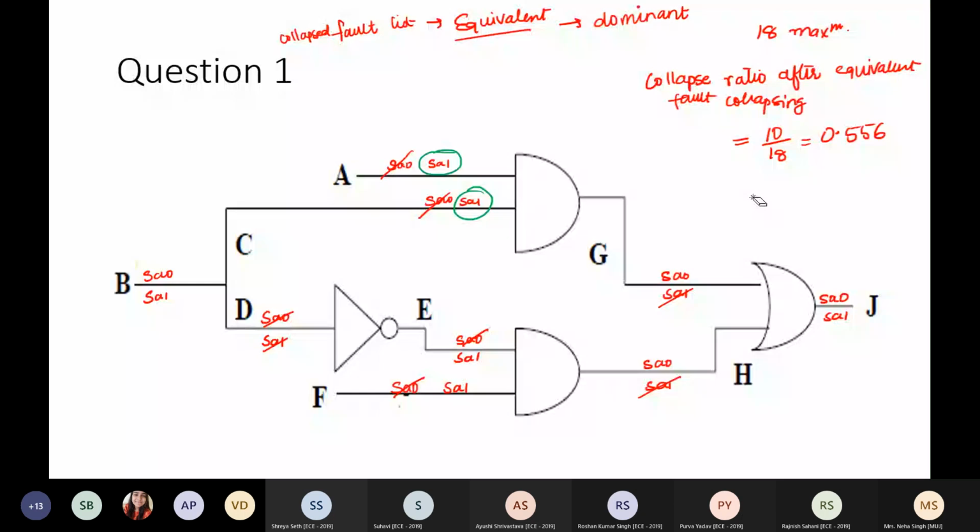If the test pattern is 0, I am able to detect the stuck at 0 fault. The stuck at 0 fault at this input will only be seen with this test pattern. Okay? We also need to initiate it, because if it is 1 it always stays 1. We want the error to be propagated.